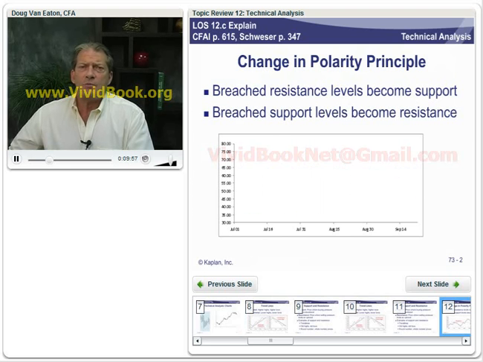We've got a resistance level there. We've drawn a line across the highs. We seem to be in an uptrend right now, but bouncing against resistance. Now, if we break through that resistance, then that resistance level becomes a support level for trading after that. That's our change in polarity principle.